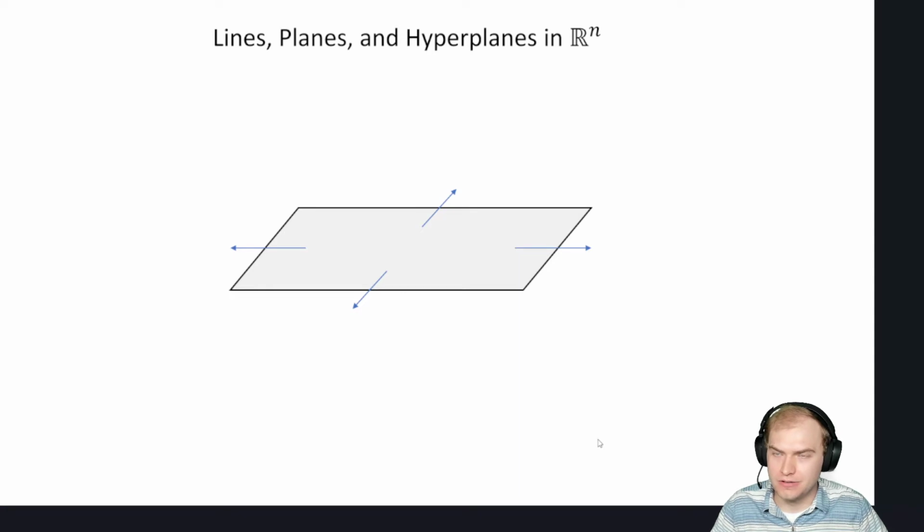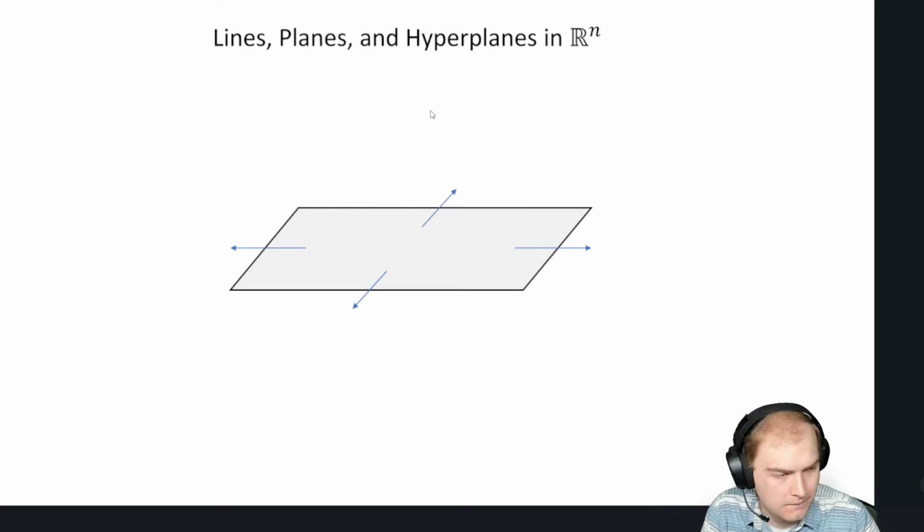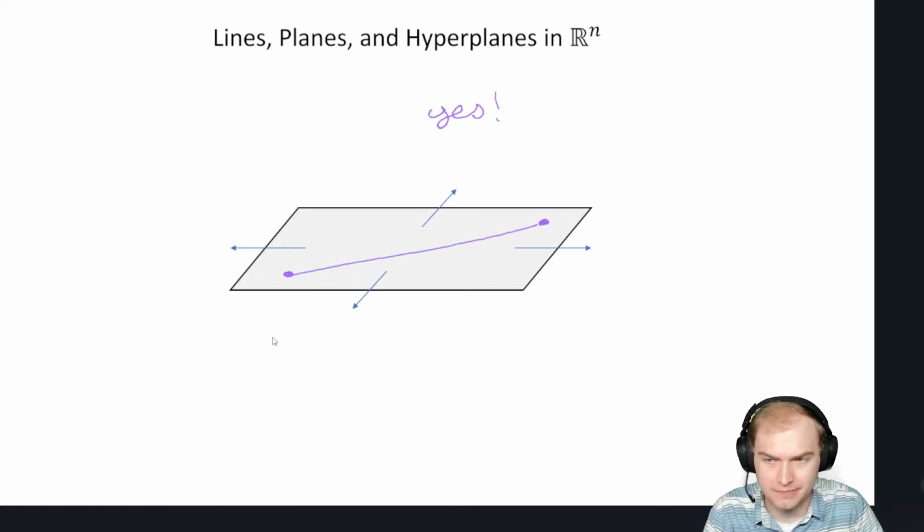These are all sort of the same class of object. It's yeses again. So again, the answer is yes. So this is just a generalization of what we just did. If we have any 2 points in this plane, we can draw a line between them without leaving the plane.